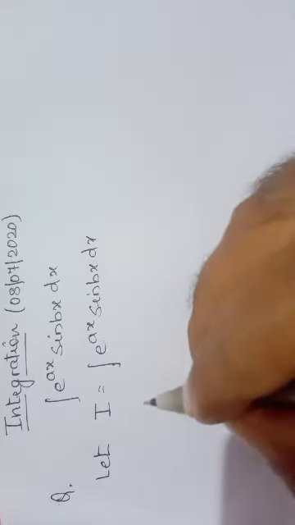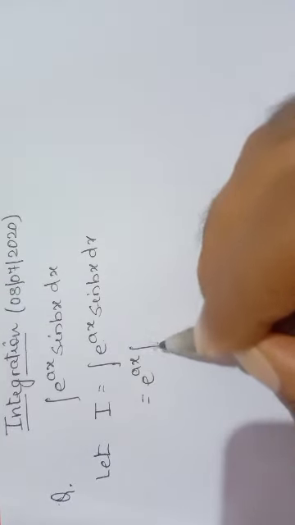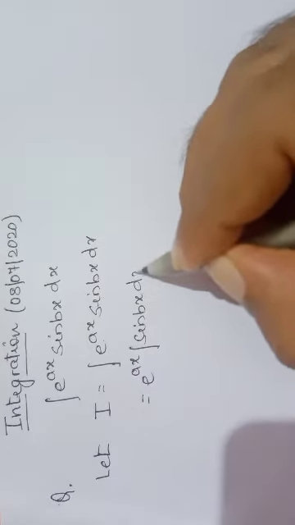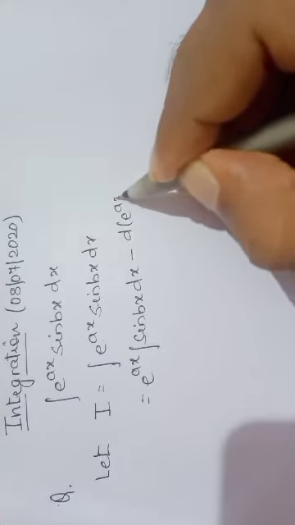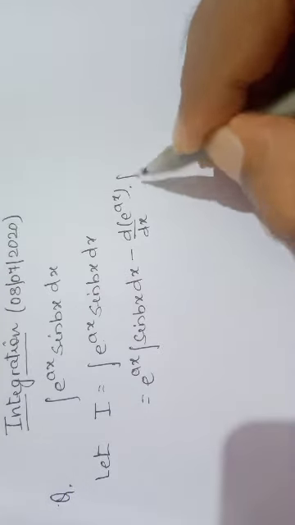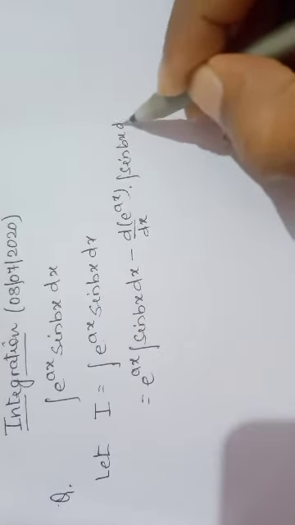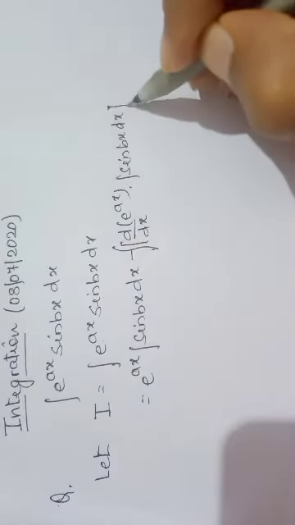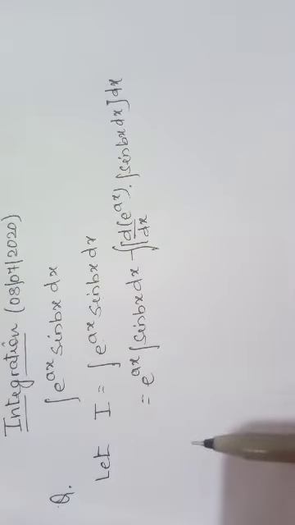So see, u into integration of v, minus differentiation of u into integration of v, that is sine bx dx, and its whole integration. So this is just according to the formula of u into v.